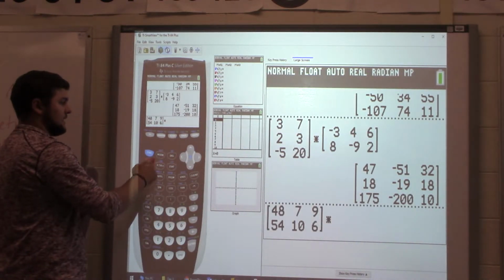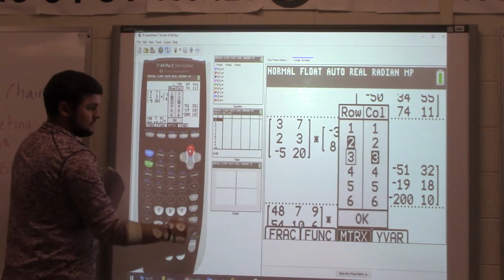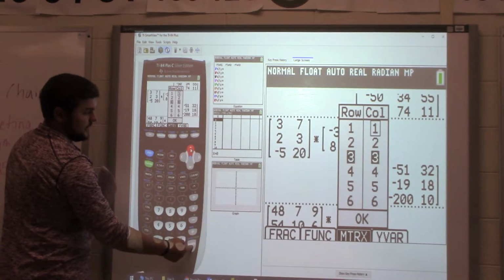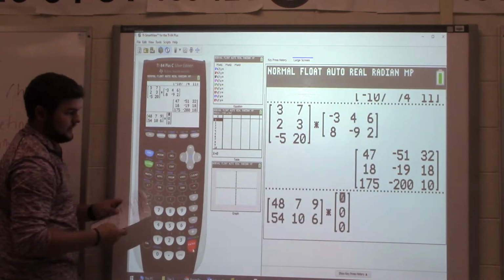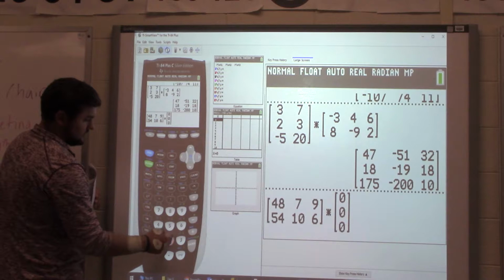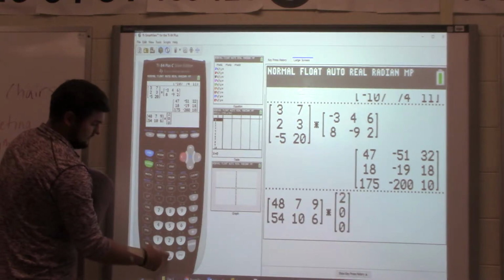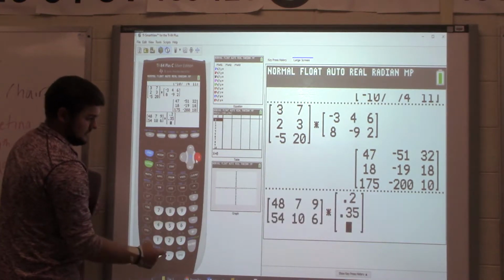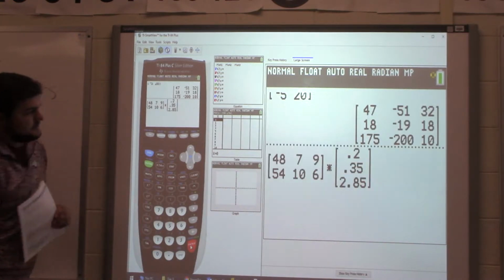Times, then I want a 3 by 1, so alpha zoom, 3 rows, 1 column. Okay, I want 0.2, 0.35, 2.85. I'm going to hit enter.